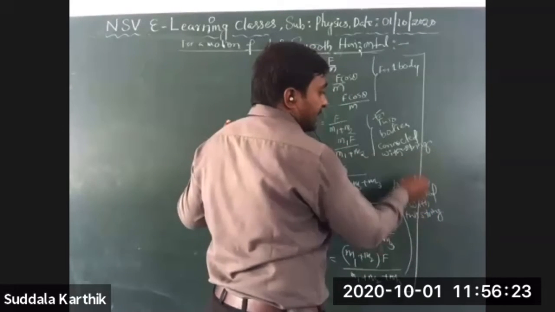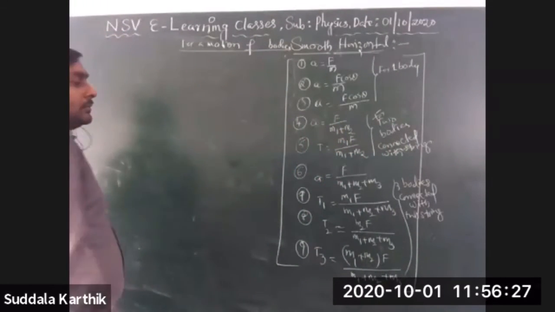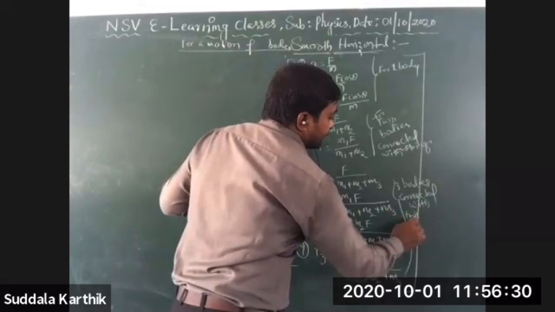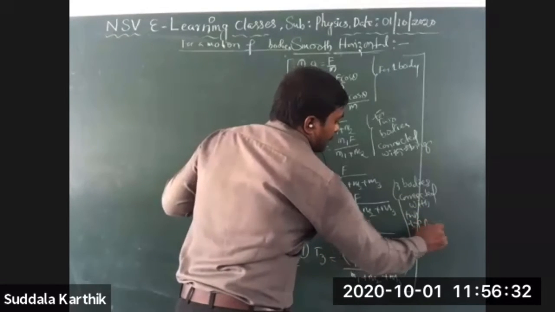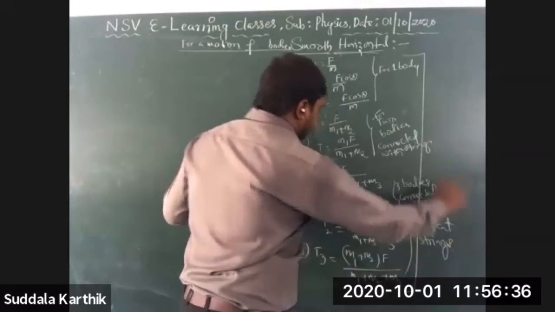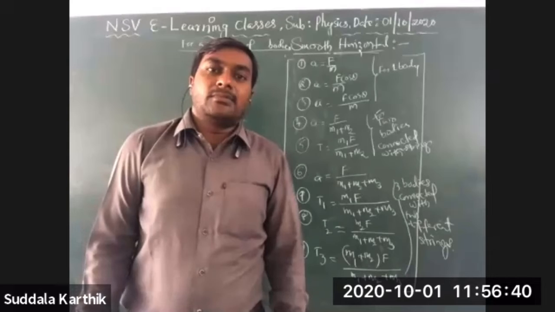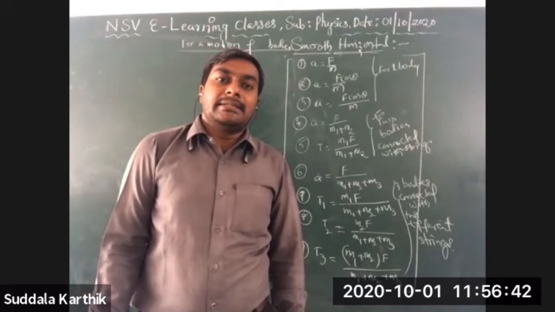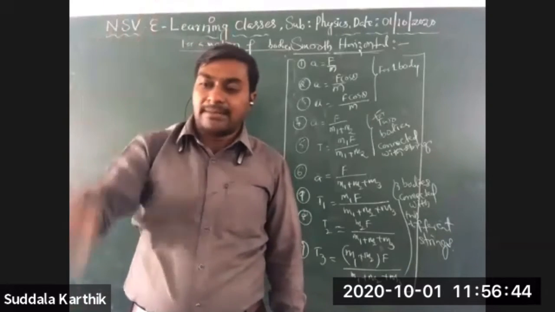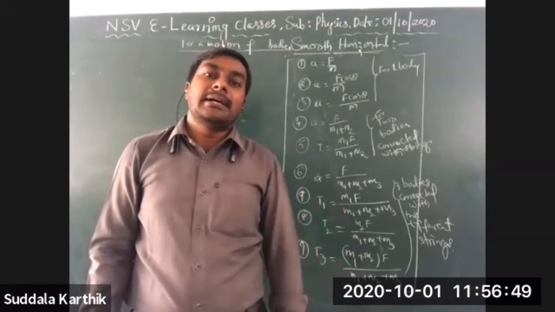Here only one string is there, so only one tension force T. This is about the motion of bodies on a smooth horizontal surface.